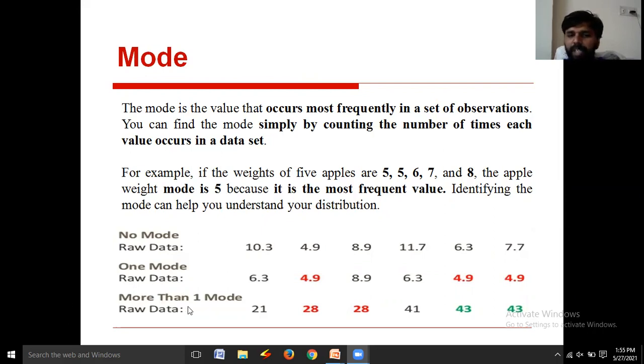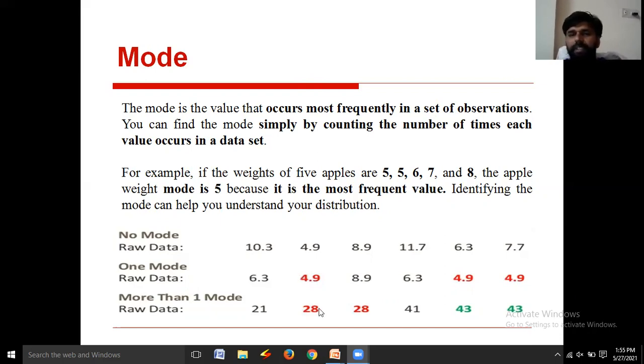Similarly, observe the last example. See here 43 appeared 2 times, 28 also appeared 2 times. Means there are equal counts, right? In the earlier case, 6.3 appeared only 2 times, but 4.9 appeared 3 times. Then we consider 4.9 as the mode.